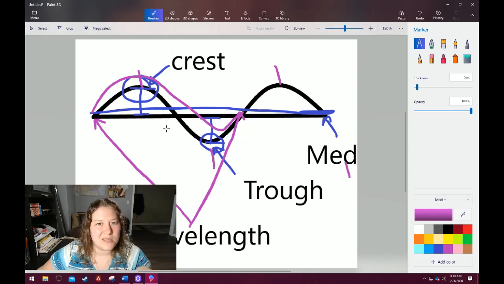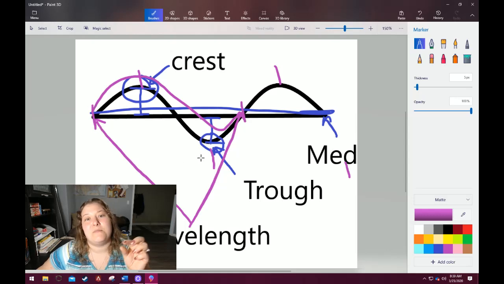They should all be the same measurements if you're looking at the same wave. So you can either measure it crest to crest, trough to trough, or measure it baseline, one full crest, one full trough, back to the baseline. So you have that ability to measure it that way, and that's how you measure a wavelength.